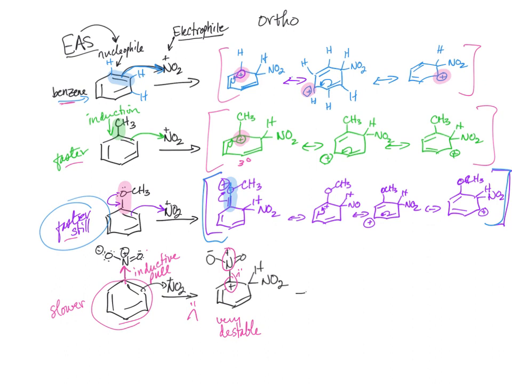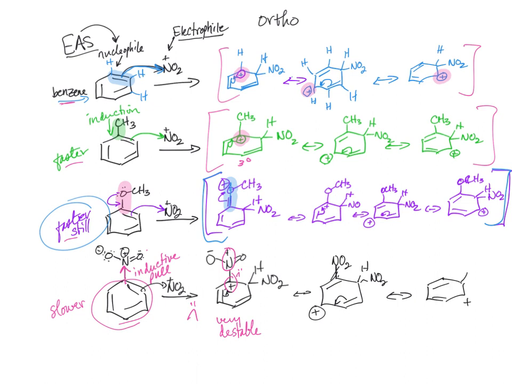We have a set of resonance forms, and I can again move my electrons around. A set of resonance forms, one of which is actually destabilizing. HNO2. And then one more here. These are better. These are just standard secondary carbocations on our ring.